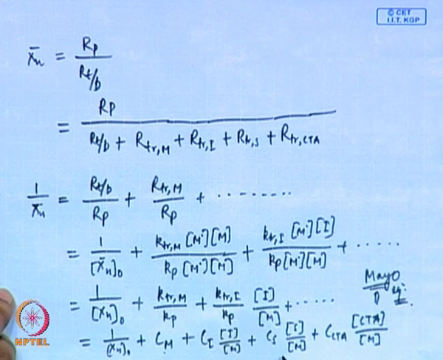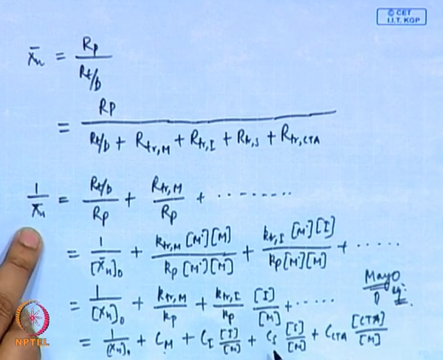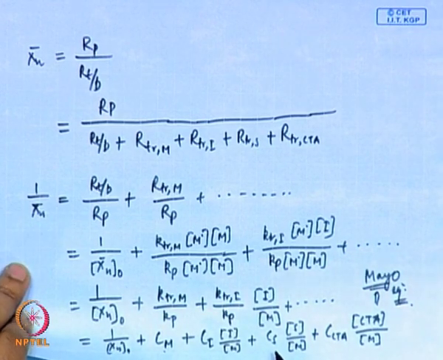Okay. So, let us discuss a little more about this term Cs. For a given concentration of monomer and solvent, the value of Cs will determine the chain transfer reactions, which will determine the molecular weight of the chains getting produced.